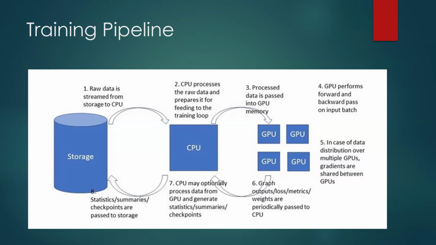There are a lot of components here, each one of which can create a performance bottleneck and result in reducing the training throughput, and also result in resource underutilization.